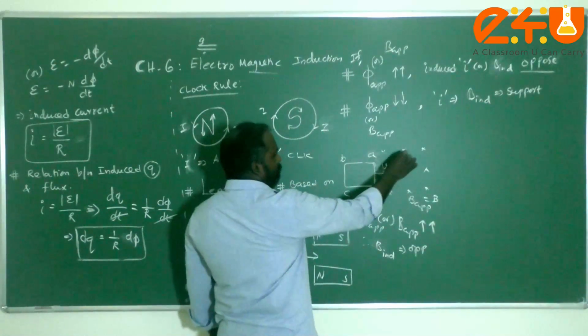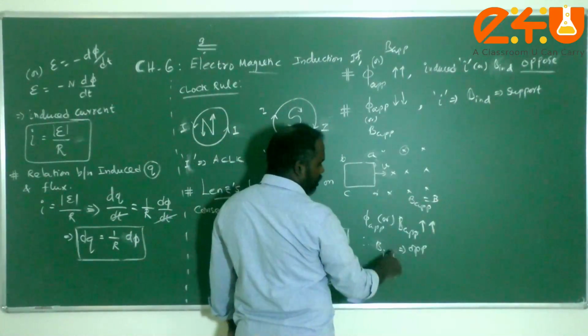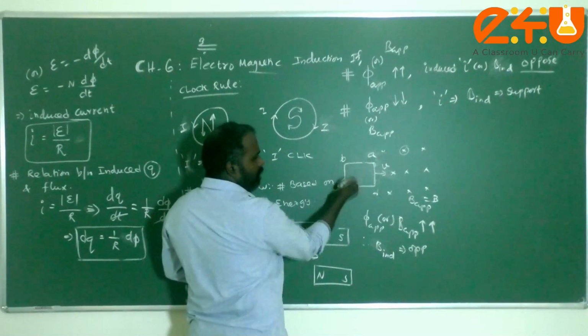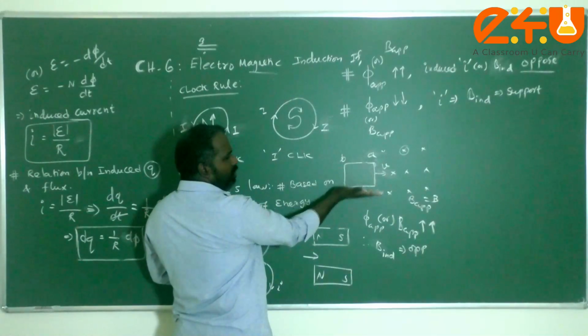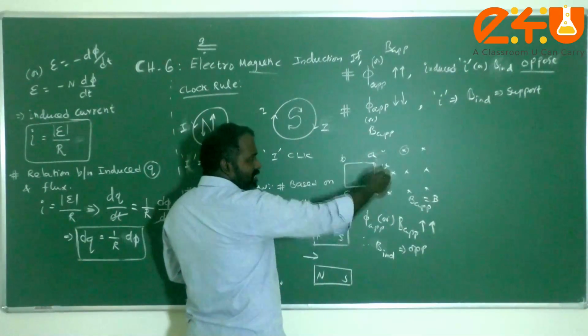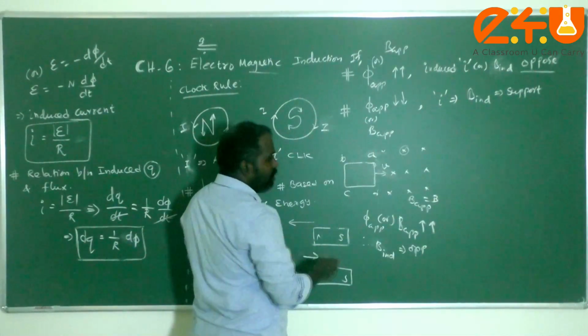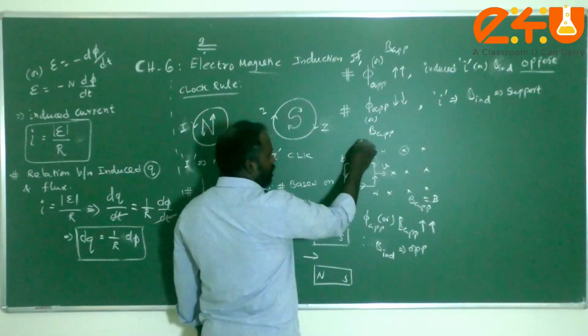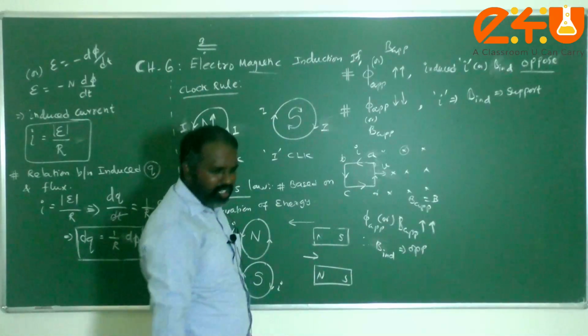That means if the applied field is normally inward, the induced field should be normally outward. If it is normally outward, I have to turn my fingers in the anti-clockwise direction. So the induced current in the loop will flow in the anti-clockwise direction.